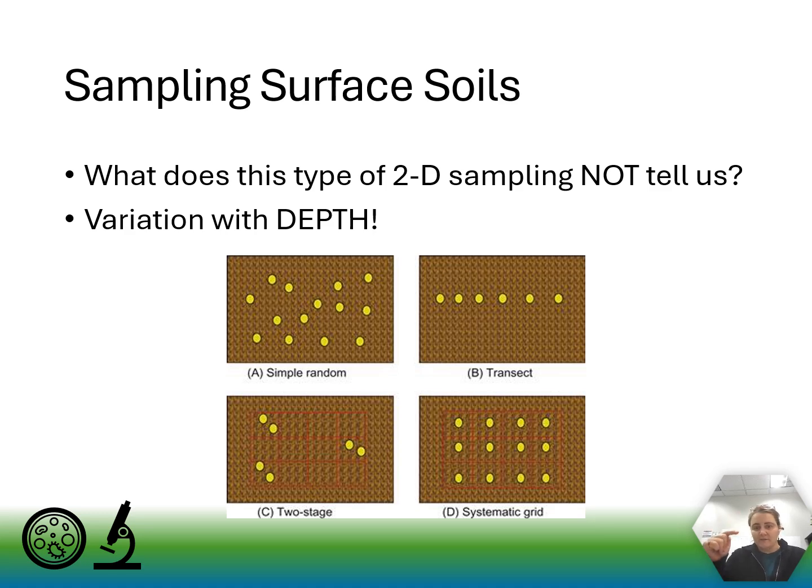We're going to talk about all the layers of soil in class, and those different layers are going to have different types of organic matter, different types of microbes, different indigenous components. They're going to have different minerals, all that types of stuff. So that's one thing to just be aware of when you design some kind of a surface sampling plan, is that you're not quantifying depth.